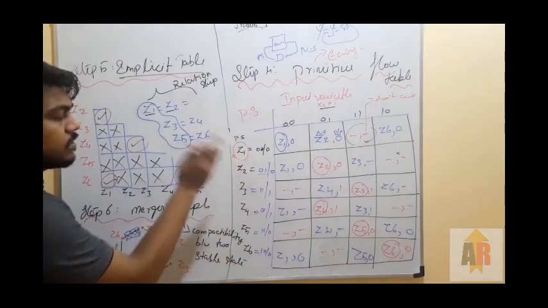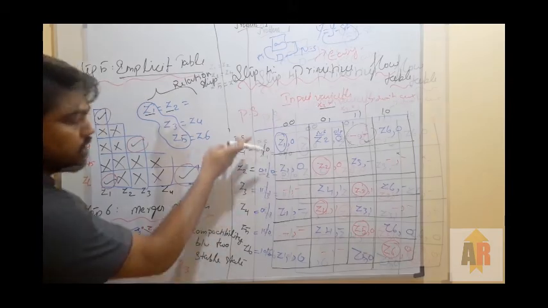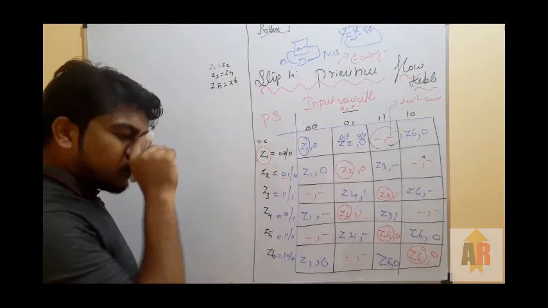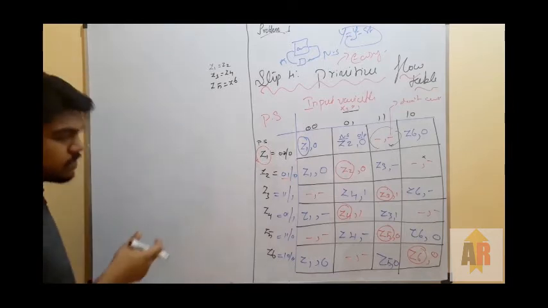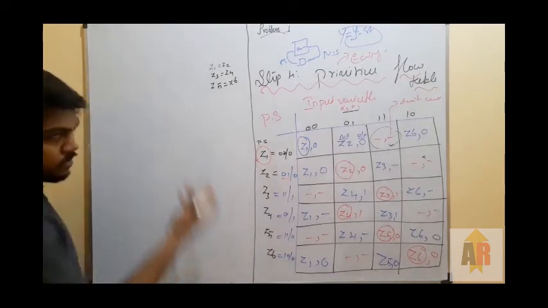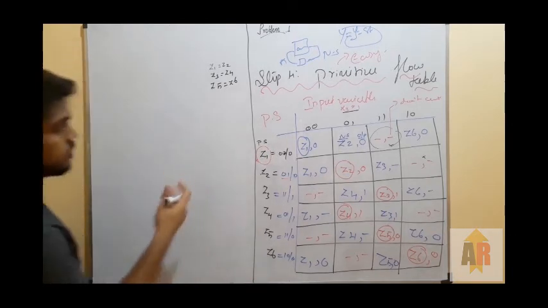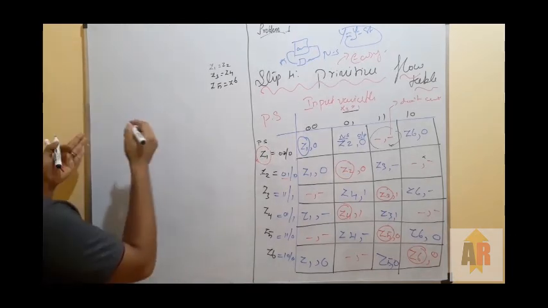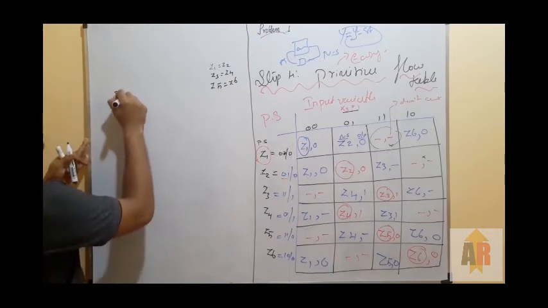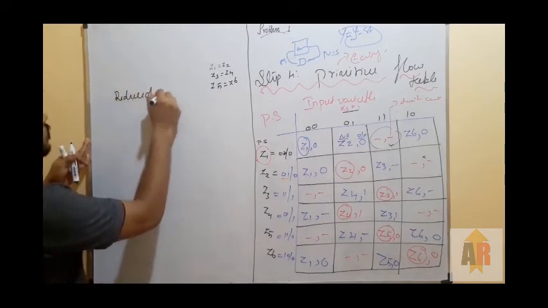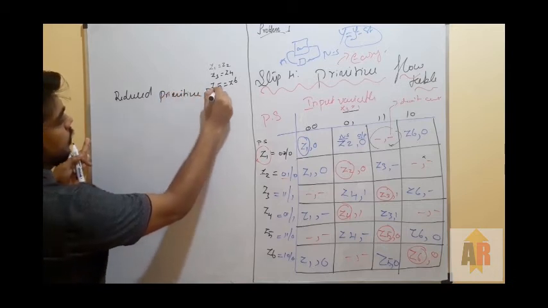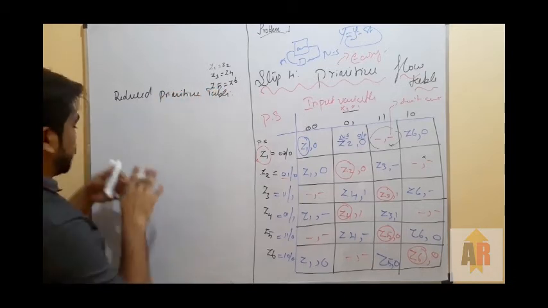So you will get only 3 tables. This step is not available actually. Actually we showed only 8 steps, but if you want to make this also a step, I didn't make this a step. If you want to make this a step, no issue. So I'm going to make a reduced primitive table. Okay, so that's what I'm going to make.